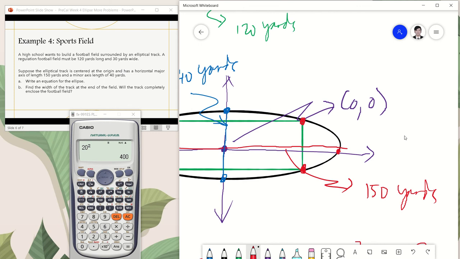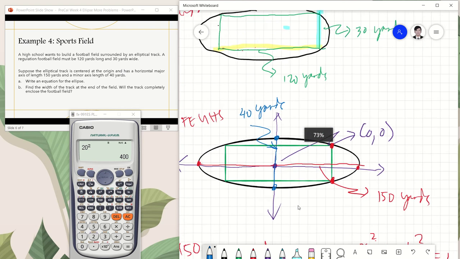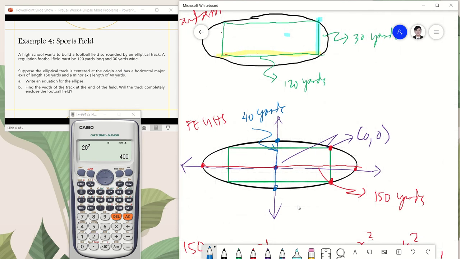And alam naman natin na from here to here, it's already given that this is 120 yards from the problem.